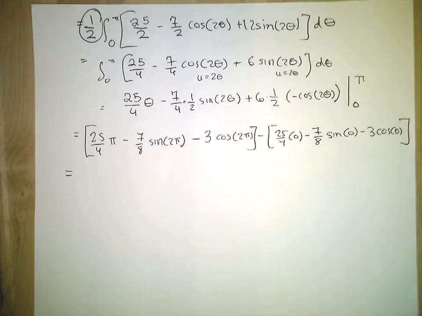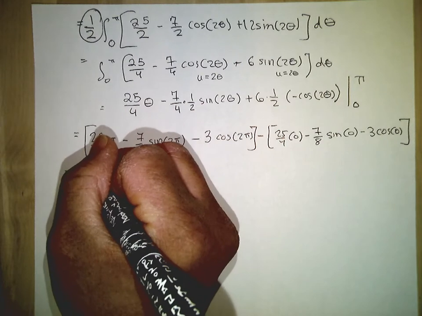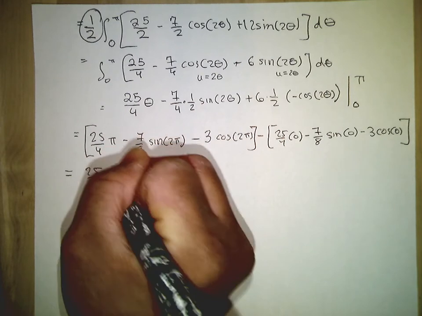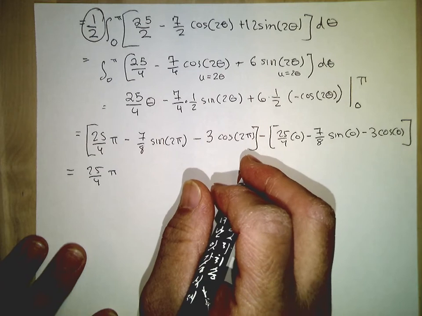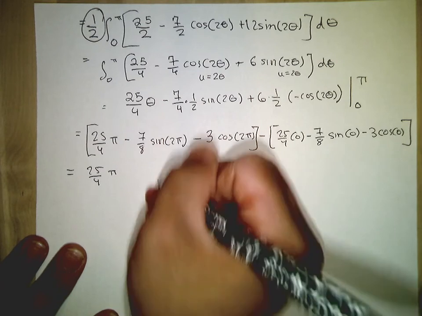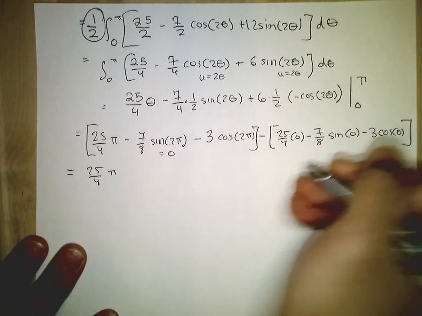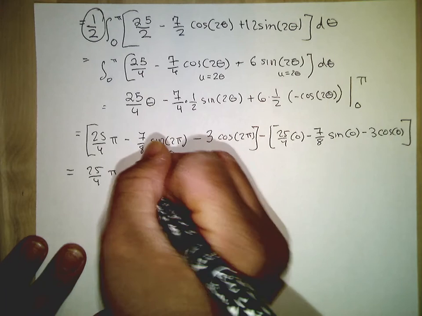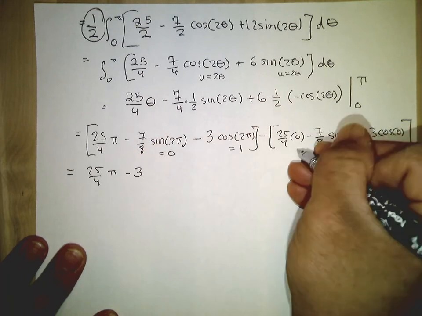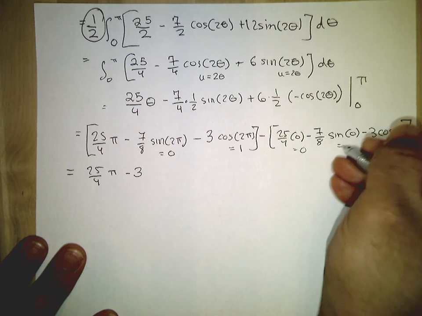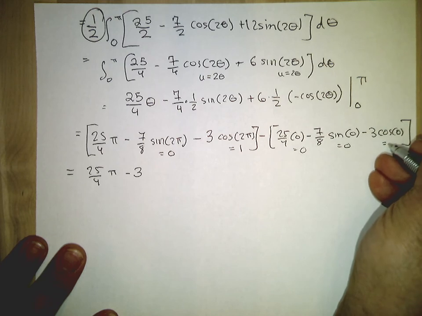So now we have 25/4 pi. Sine of 2 pi is 0, so this is equal to 0. Minus 3, this is equal to 1. This is equal to 0, equal to 0, equal to 1.